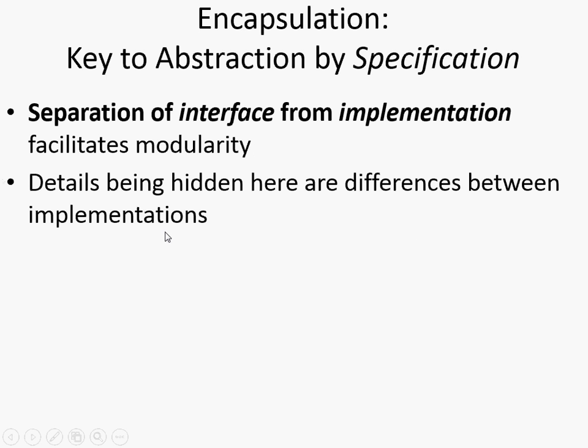Okay. So the details being hidden here are the differences between implementations. In a computational construct, by separation of interface from implementation, we're going to be separating out which particular implementation of run scenario we're going to be using, or which particular implementation of update cell. As long as it does its job, we don't care as users of it. And it's just like Eric said, we want to be able to use this code without depending on the vagaries of how it's implemented.